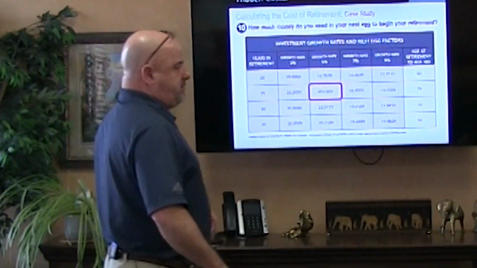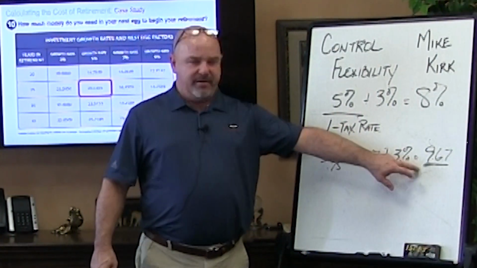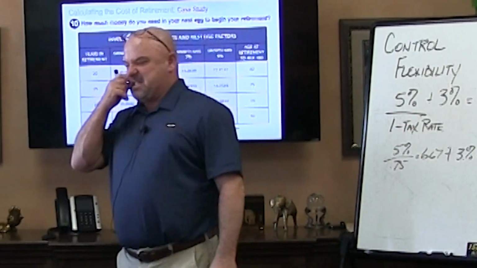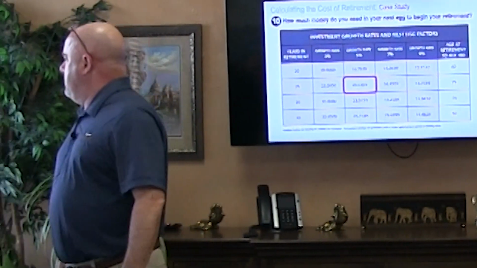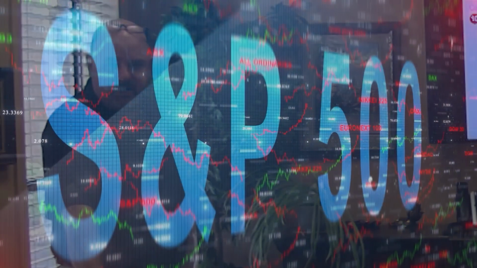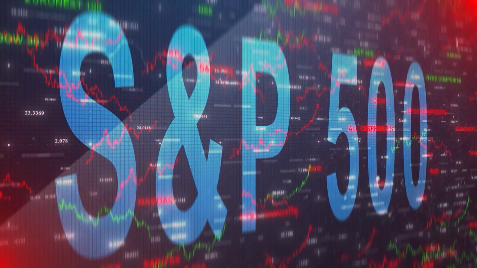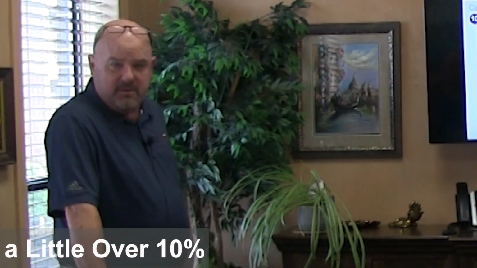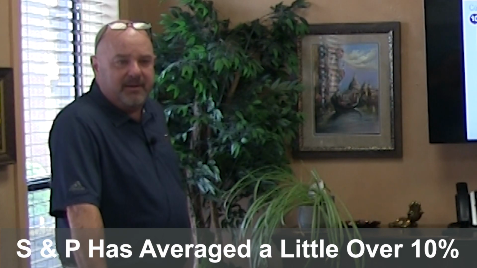Now, does this make anybody nervous? Averaging 9.67? Do you know what the S&P's average is for the last 30, 40 years? About 10. A little over 10%. So it's doable.